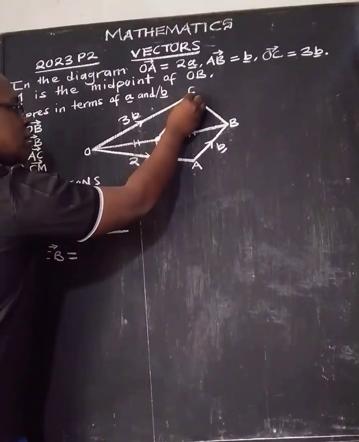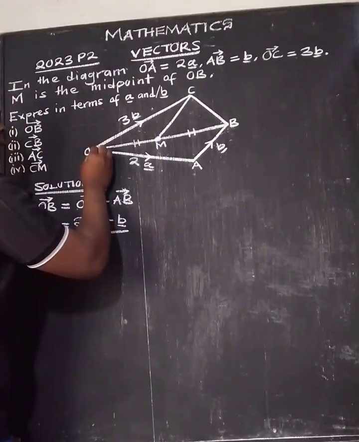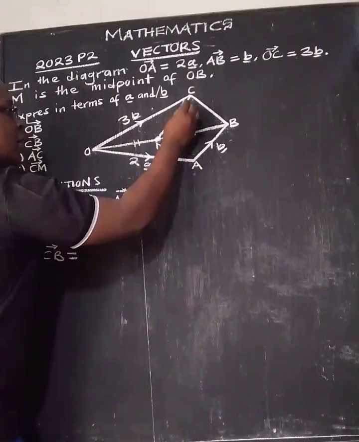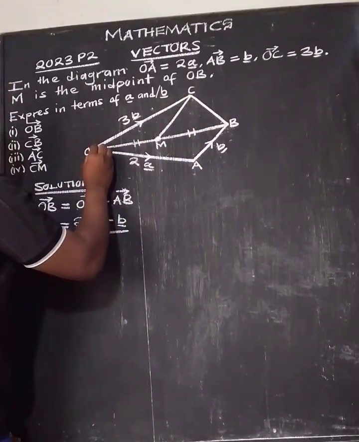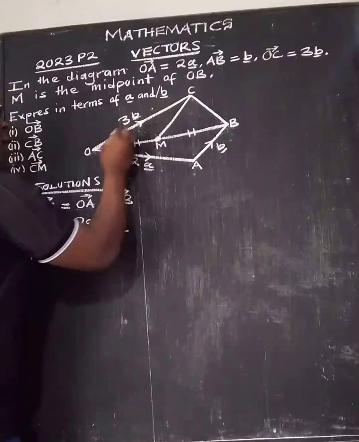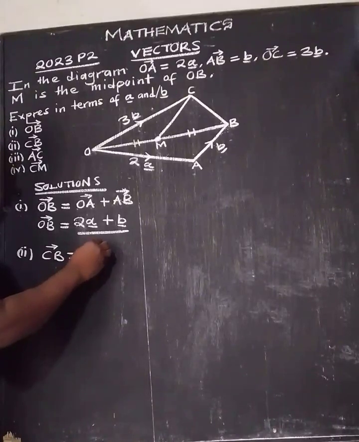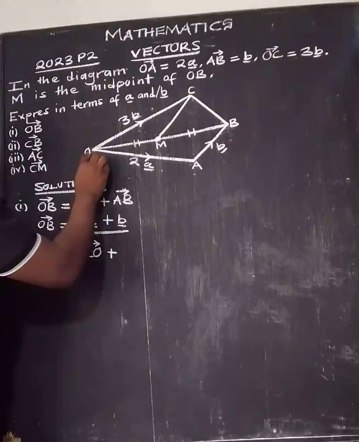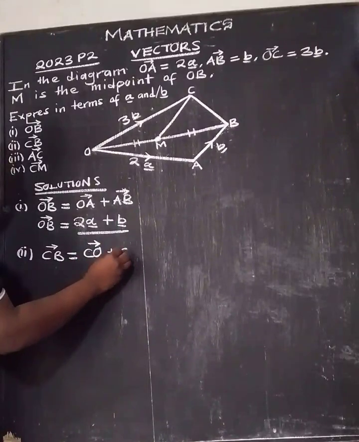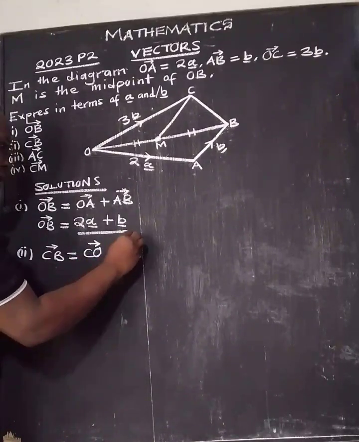You can start from C: CO plus OB. CO plus OB.